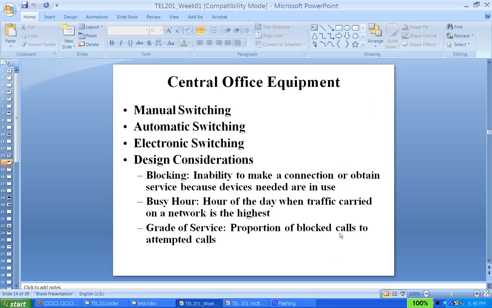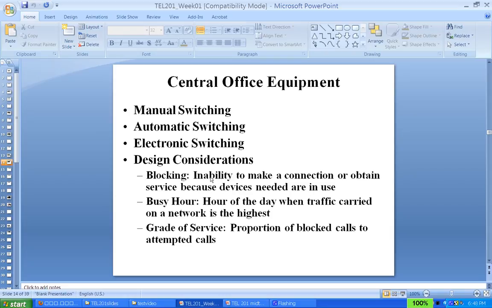Next, we need to be aware of what kind of equipment the central office needs in order to make the telephone system work. Okay, and we also need to be aware of the design considerations.